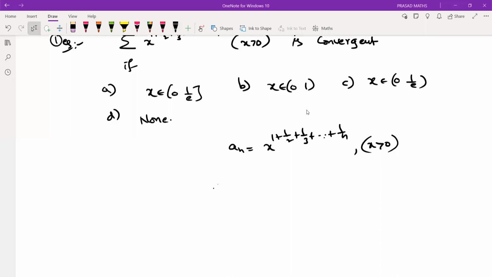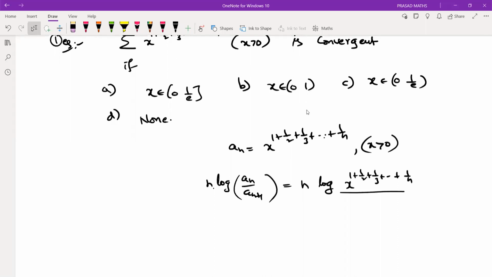For the logarithm test, you need to compute n into log of a n by a n plus 1. Here a n is nothing but x power 1 plus 1 by 2, 1 by 3, going on to 1 by n.